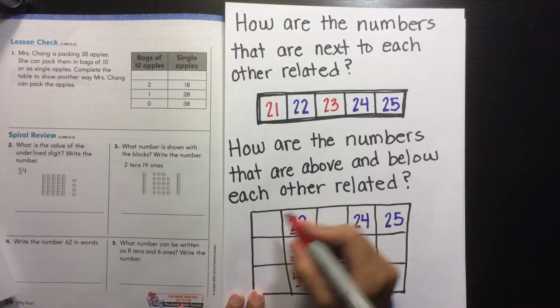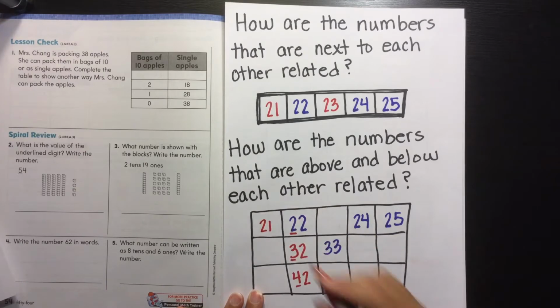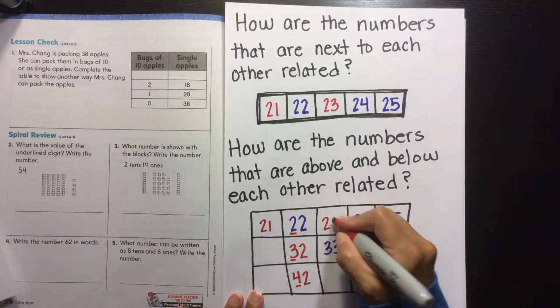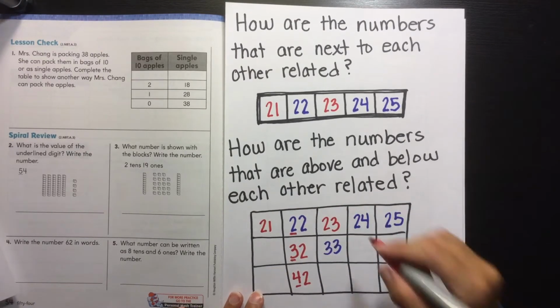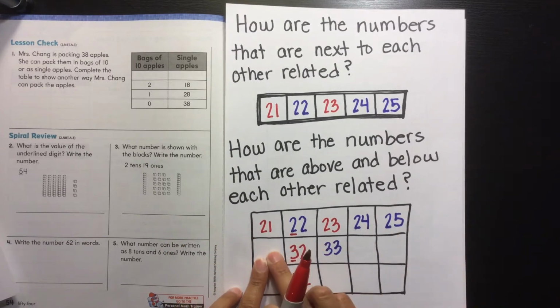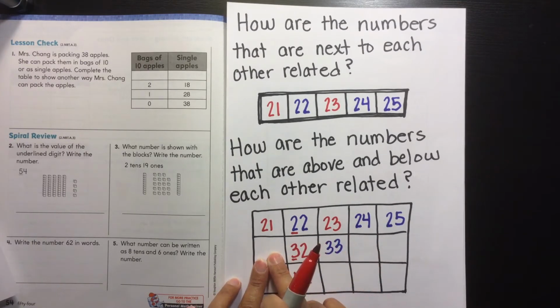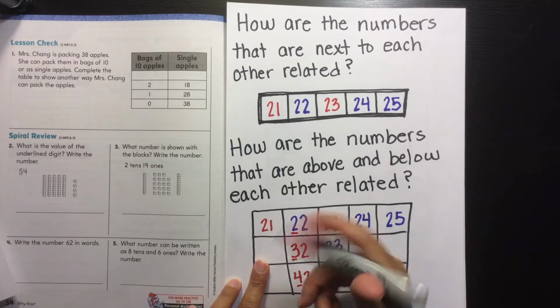So if you look at this chart, we know this is one less if we go to the left, so we have 21. After 22, we know we have 23, 24, and 25. So now when we look here, we know that this is not going to be 26 because 26 doesn't come before 32. So we could either go back to the left and subtract 1, or we could go down and add 10 more.